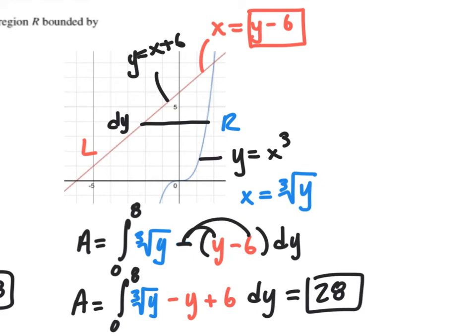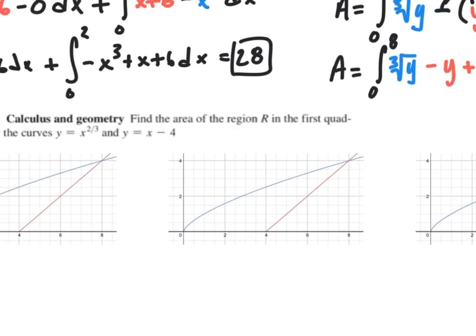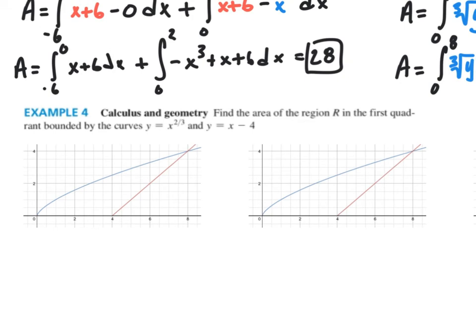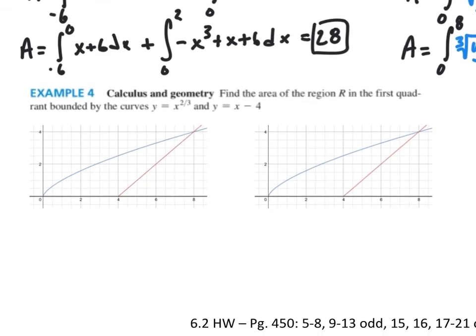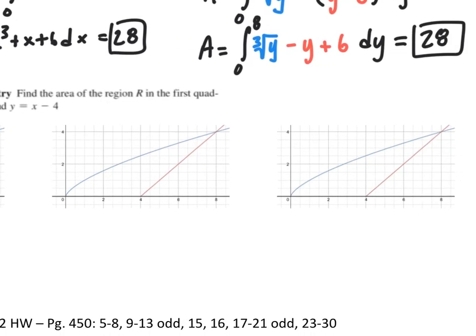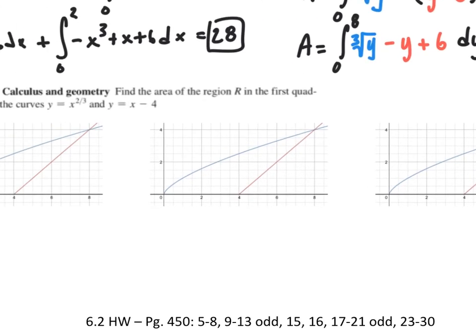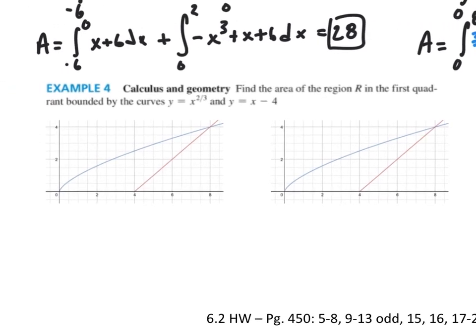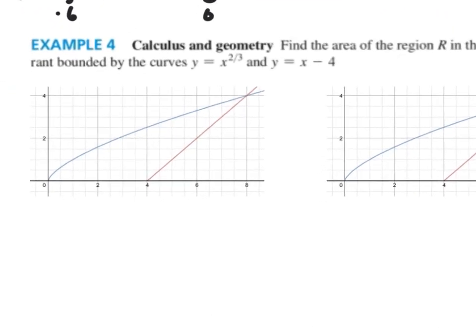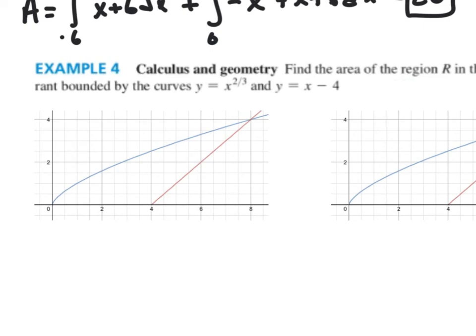So let's take a look now at the last example. And this is one, guys, where we can integrate this problem actually 3 different ways, okay? And so let's go ahead and first do this with respect to x. I'm going to get a compound integral.